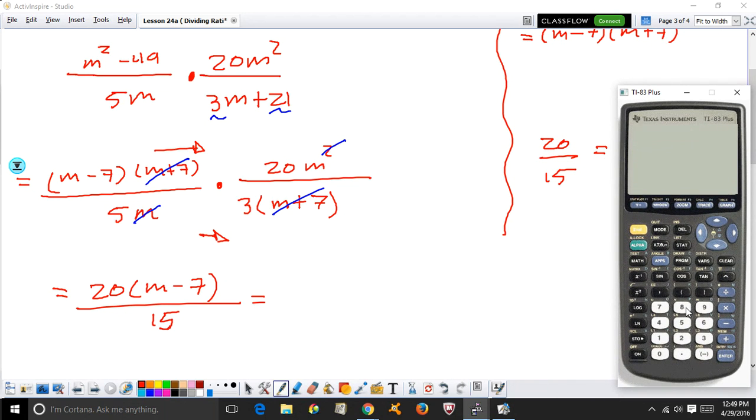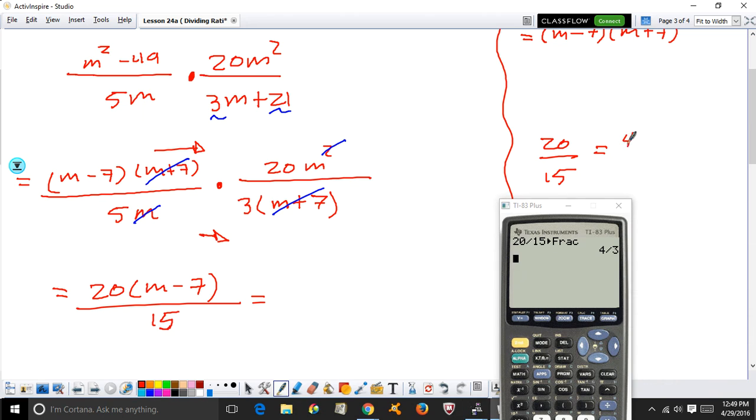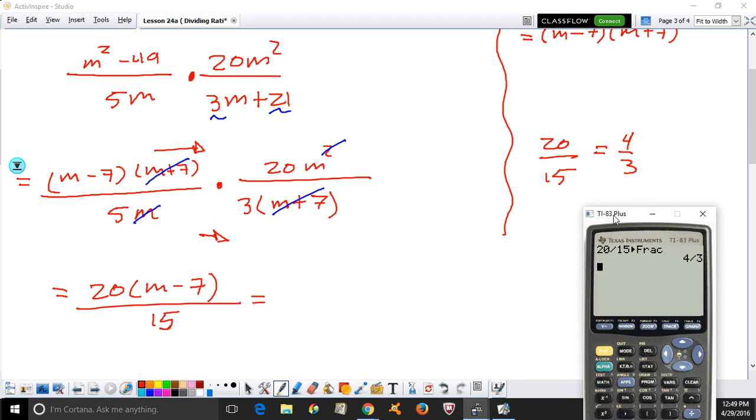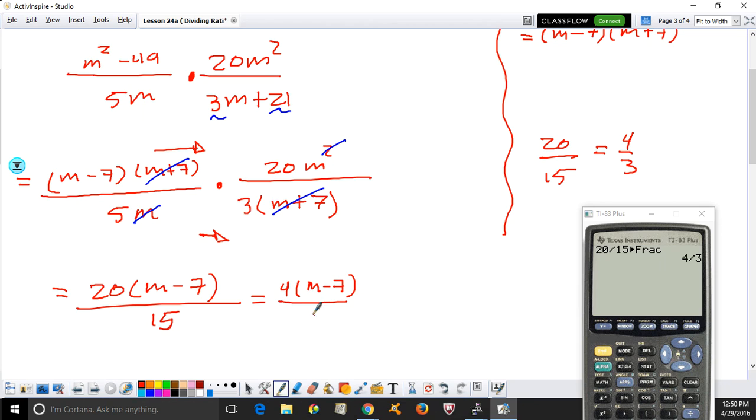So 20 divided by 15, math fraction, you can simplify that as 4/3. So that means that 20 times m minus 7 divided by 15 is the same as 4 times m minus 7 divided by 3. And this is our final answer.